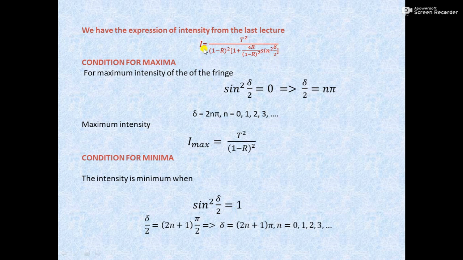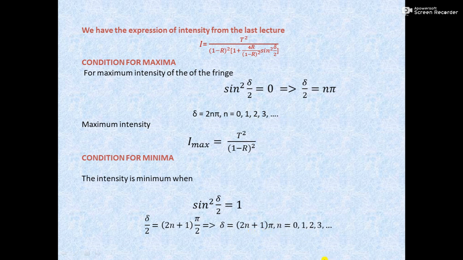So, the minimum intensity I minima is equal to T square by 1 minus R whole square into 1 plus 4R by 1 minus R square, because sin square delta by 2 is equal to 1, which is the condition for the minima. So, we get delta is equal to 2n plus 1 into pi.